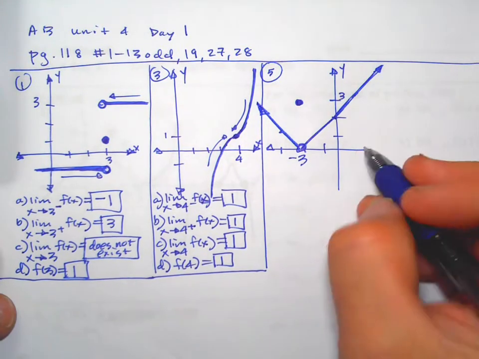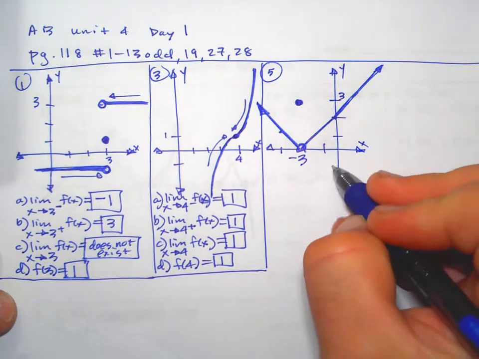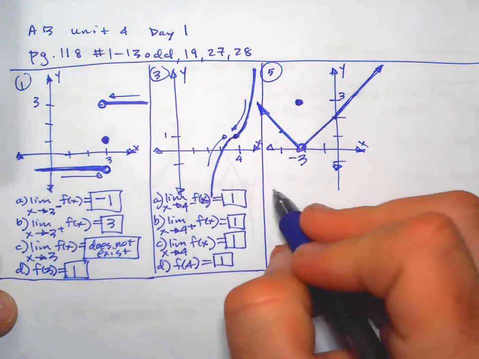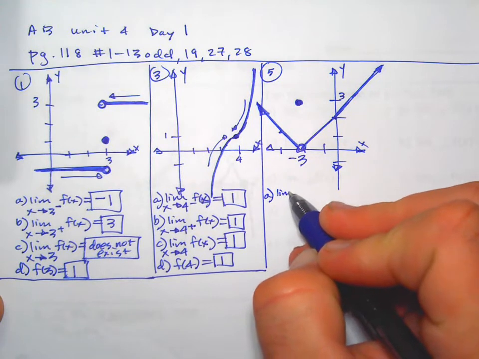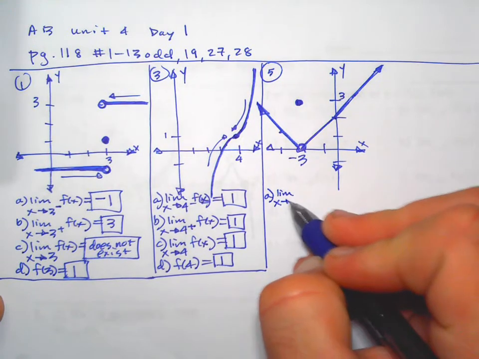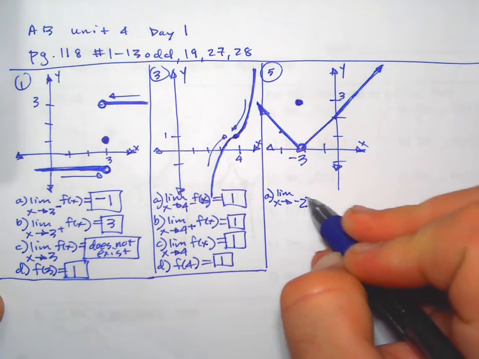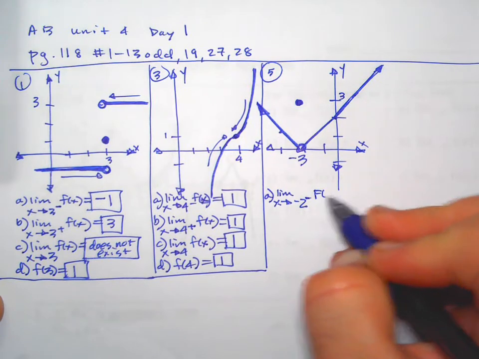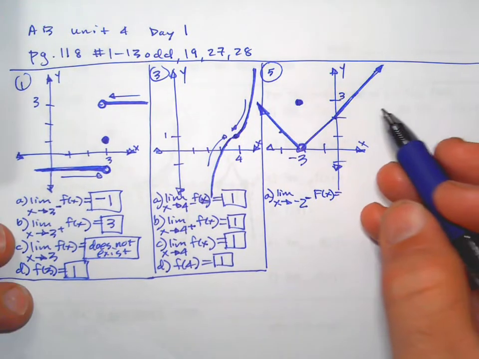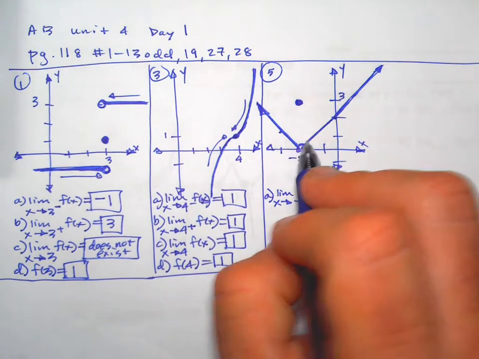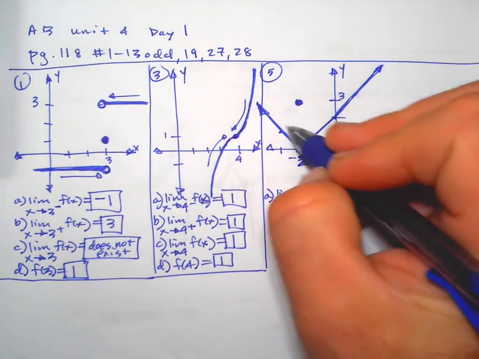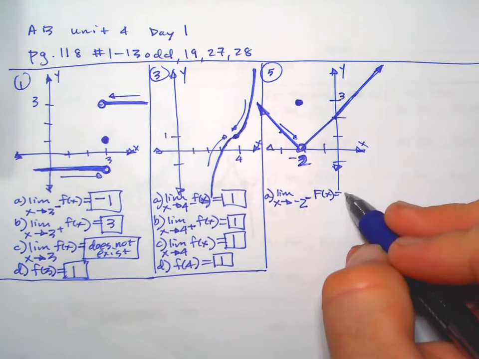So something like that. So A says the limit as x approaches -2 from the left of capital F of x, which is what they just call this function. So we're approaching -2 from the left, and it approaches 0.